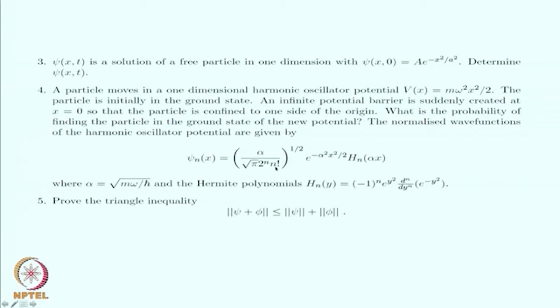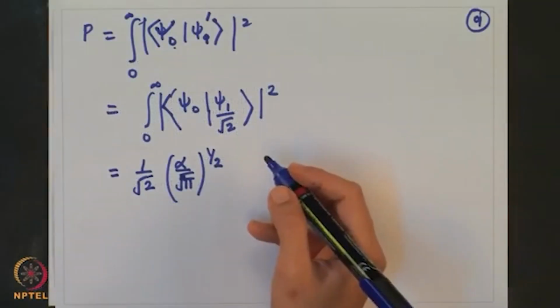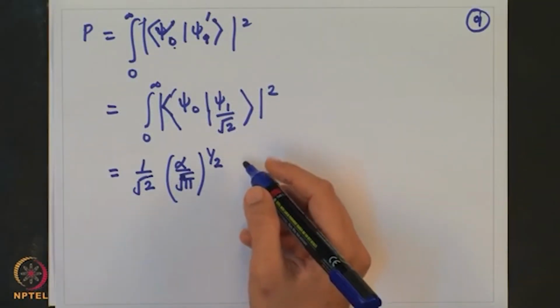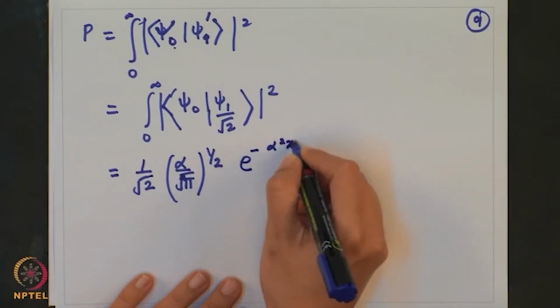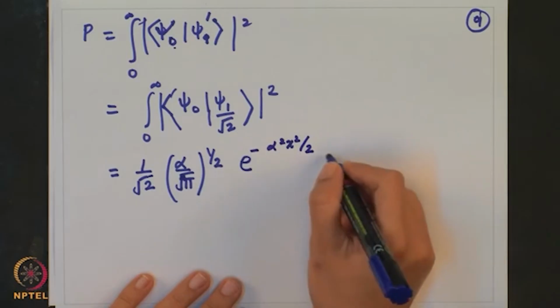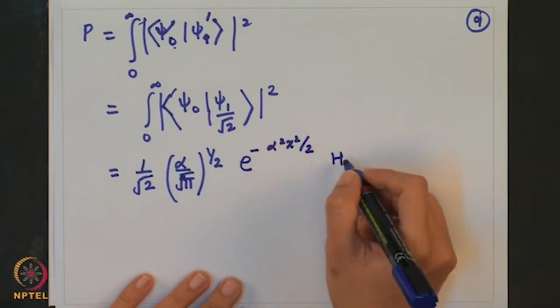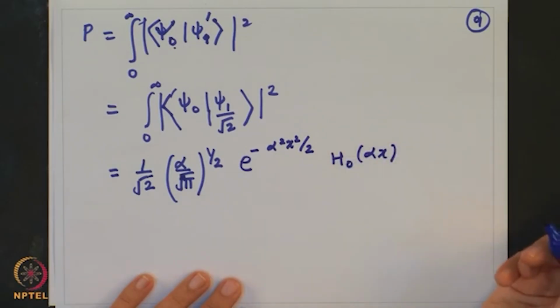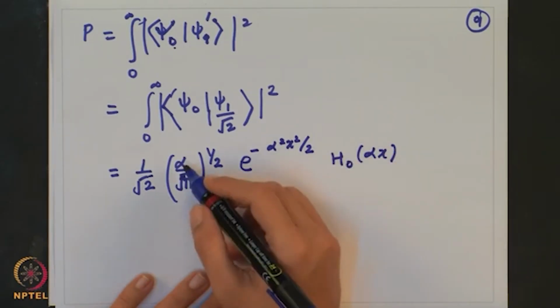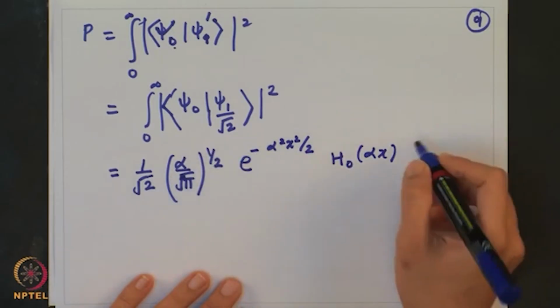So, now let us continue with this. We will have e raised to minus alpha square x square by 2. I will have an h naught alpha x, and another expression will again have alpha. So, this power will go.